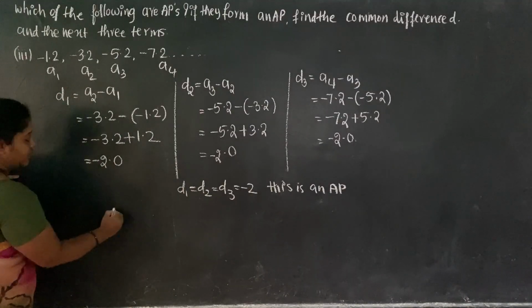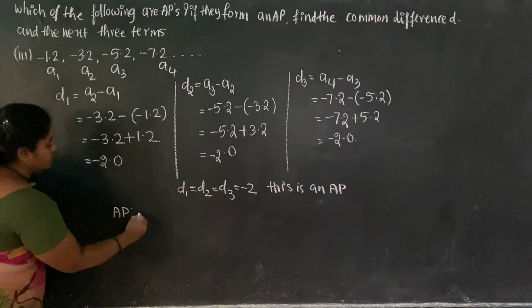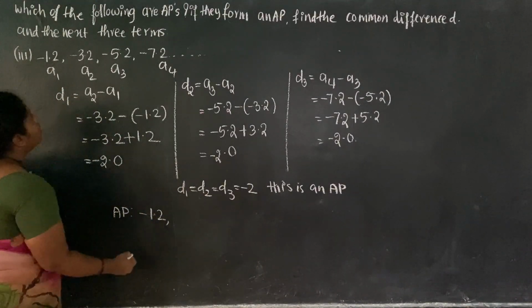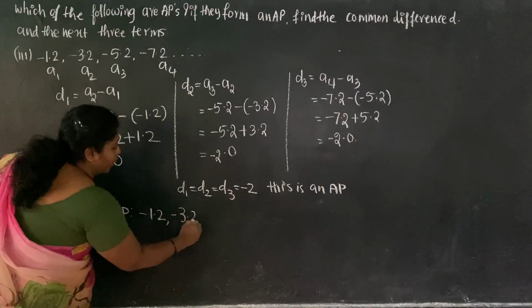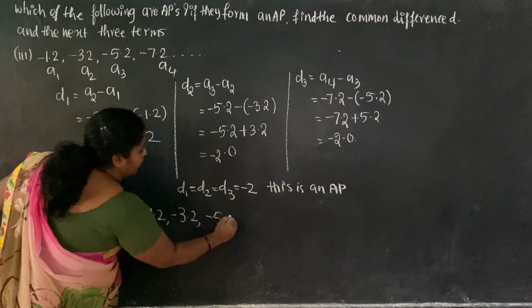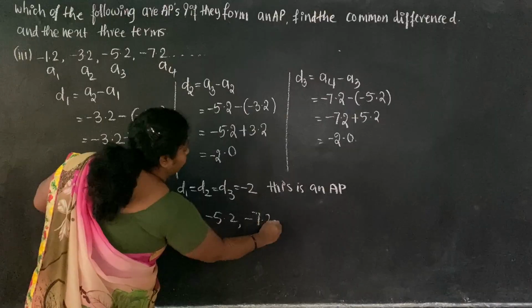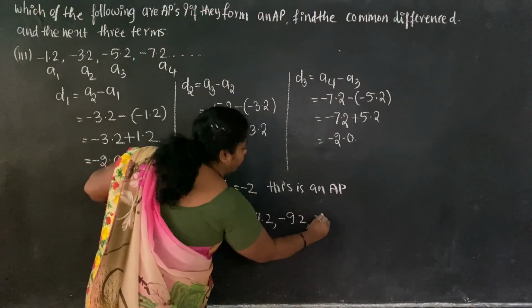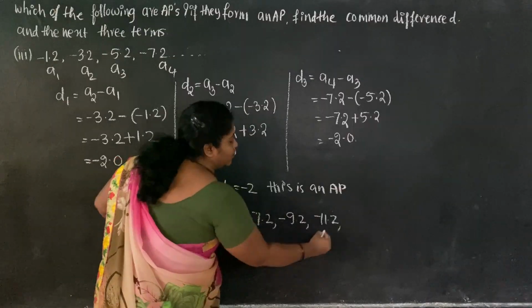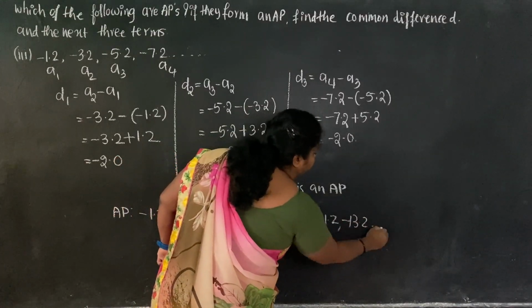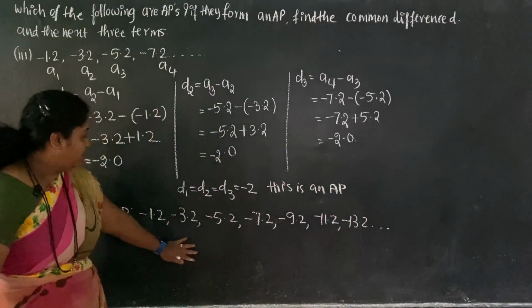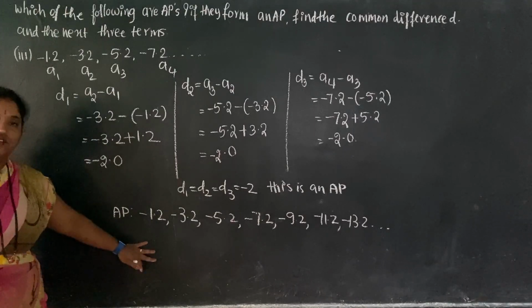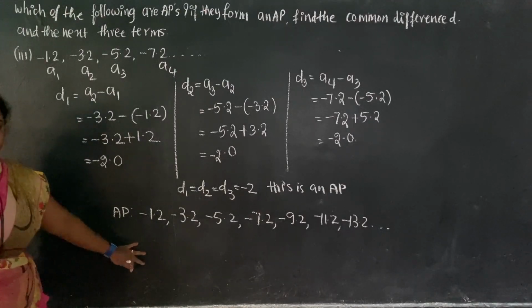Let me write the AP for you people: minus 1.2, minus 3.2, minus 5.2, minus 7.2. What can I write as the next one? Yes, of course, minus 9.2, minus 11.2, minus 13.2, and thus it goes on. Understanding? This is how you need to solve this question. Fine, we'll move to the next question.